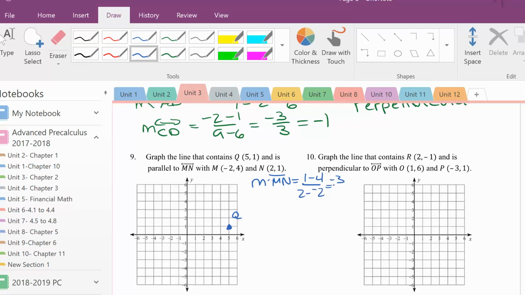So it's negative 3 over 4. So if it's parallel, that means it has the same slope. So if you start at 5, 1, and you go up 3 and to the left 4, the next point would be 1, 4, and there is the slope of the line. There's your line.